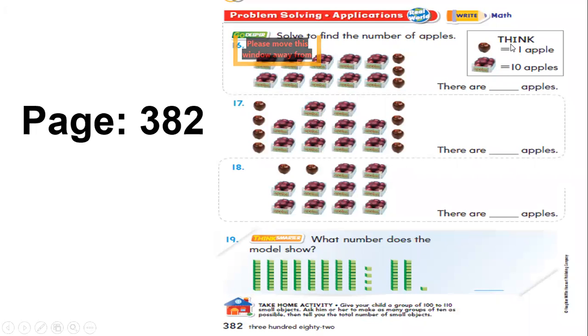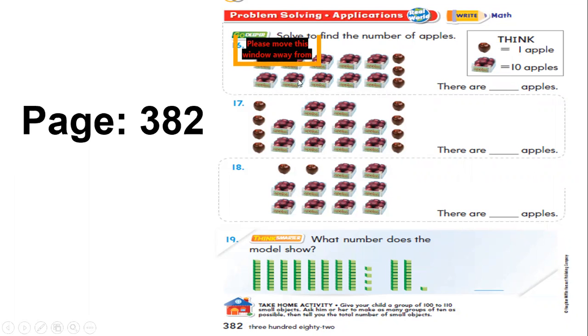Now, they say we have to think that there is only one apple that becomes only one apple. That is equal to one apple. Now, we have a tray of apple that is equal to the 10 apples. So, we are going to count this as tens, the group of apples as tens, and the one single apple as ones. So, we have question number 16.